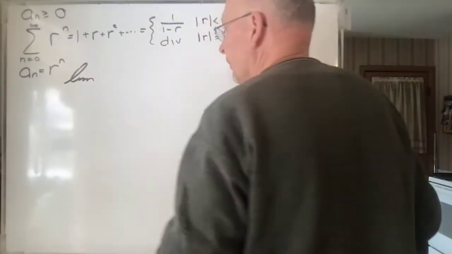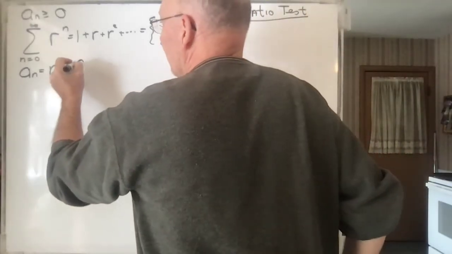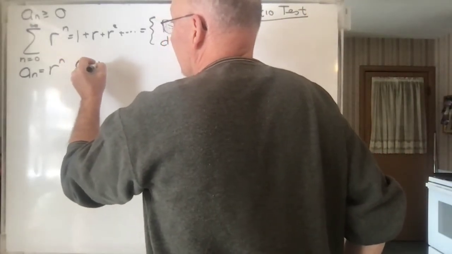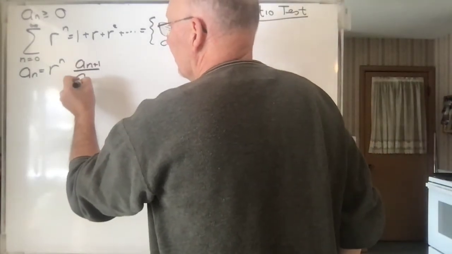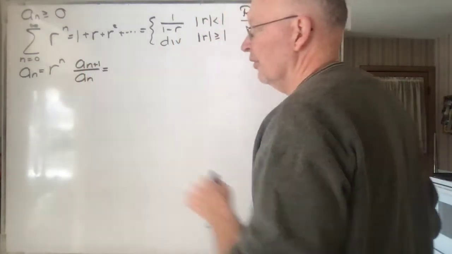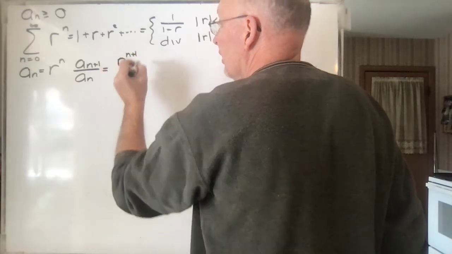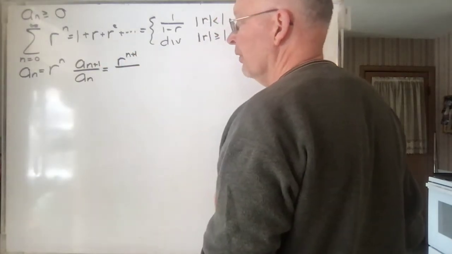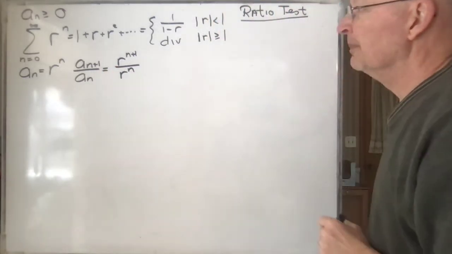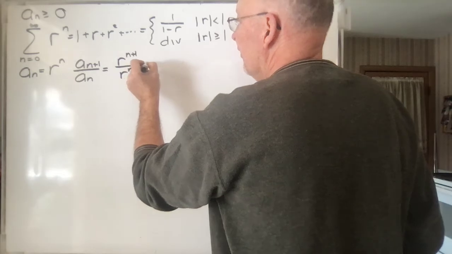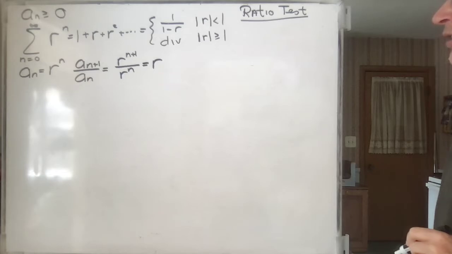I'm going to take the n plus first term in the series, a sub n plus 1, and divide that by the nth term, which is simple enough to do. If this is my series, that's just going to be r to the n plus 1 all over r to the n, agreed? And that just simplifies to r, agreed? r to the n plus 1 divided by r to the n is just r.